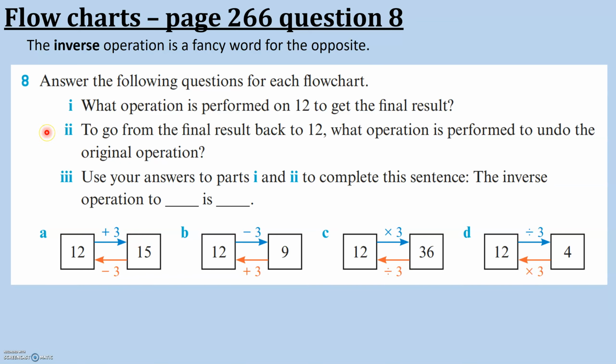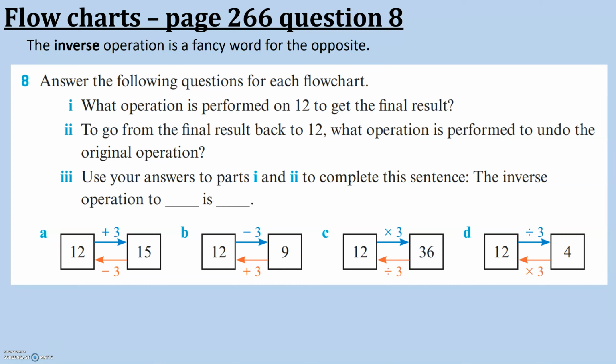Our second question says, to go from the final result back to 12, what operation is performed to undo the original operation? Well, to undo adding 3, we take away 3. The third part of the question says, use your answers to parts 1 and 2 to complete this sentence. The inverse operation to blank is blank.